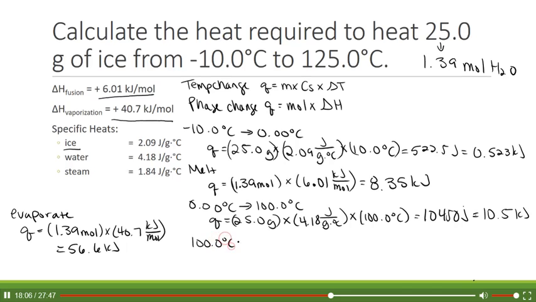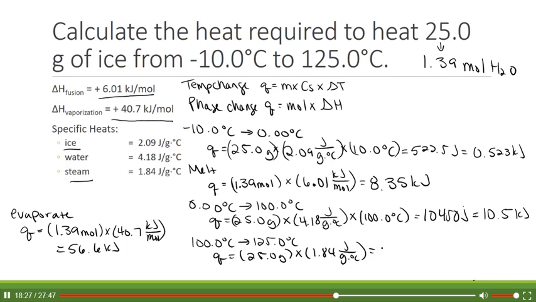100.0 degrees Celsius to 125. So we take our 25 grams times our specific heat of steam, 1.84 joules over grams times degrees Celsius.